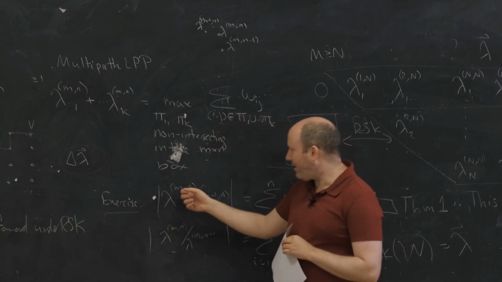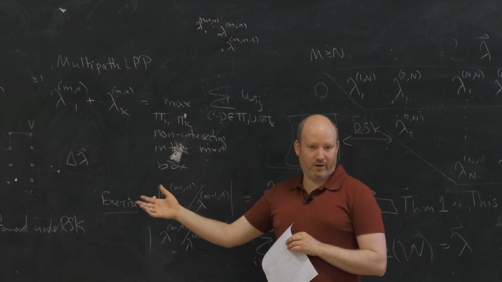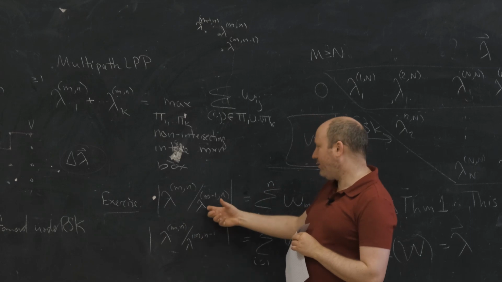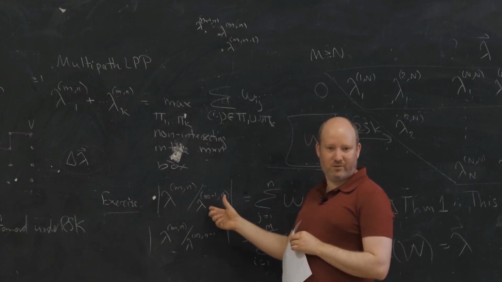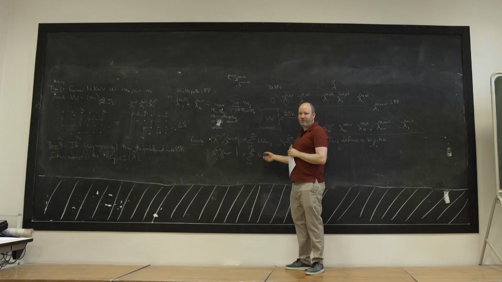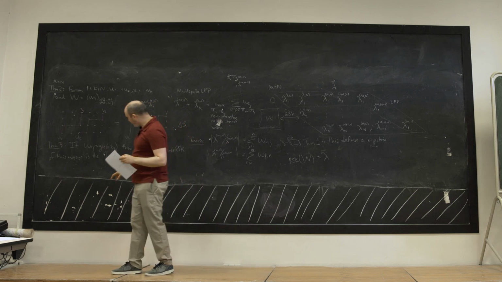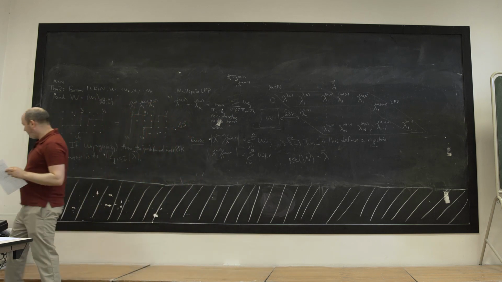So the size of lambda mn is equal to the sum of all weights in the m by n matrix of weights. And lambda m minus 1 n is equal to it except for missing one column. And so the difference is just the sum of the weights in that column. And same thing for the row. So not a hard point. But with this and the bijection, you immediately get Theorem 3.